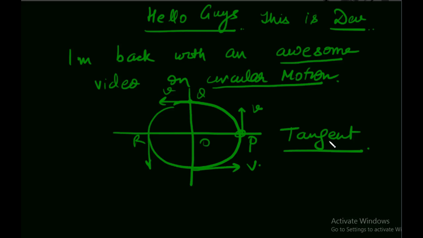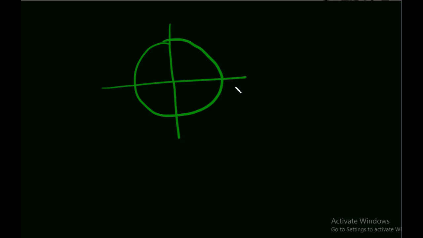Okay, so let's start. For example, this is a circle, and this is the point P. At any point, say Q, which has coordinates x and y, the particle makes an angle theta, say, with the center.